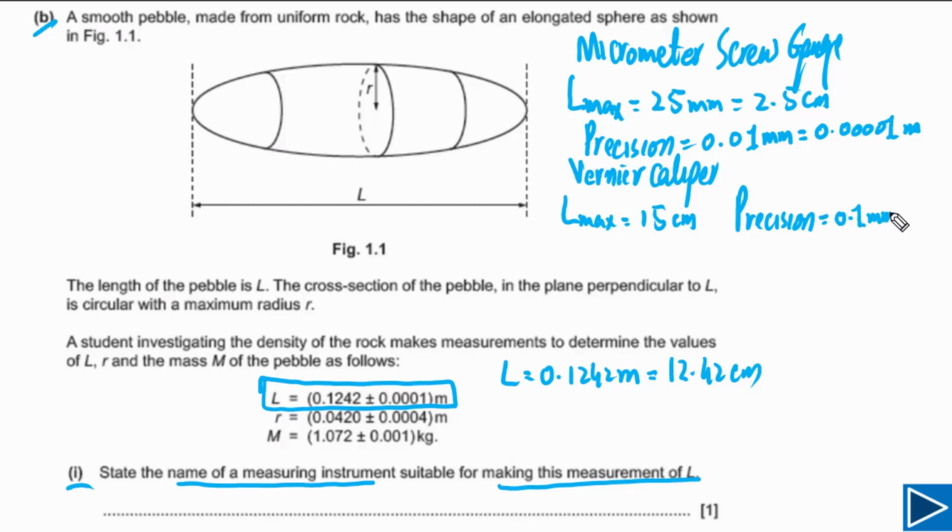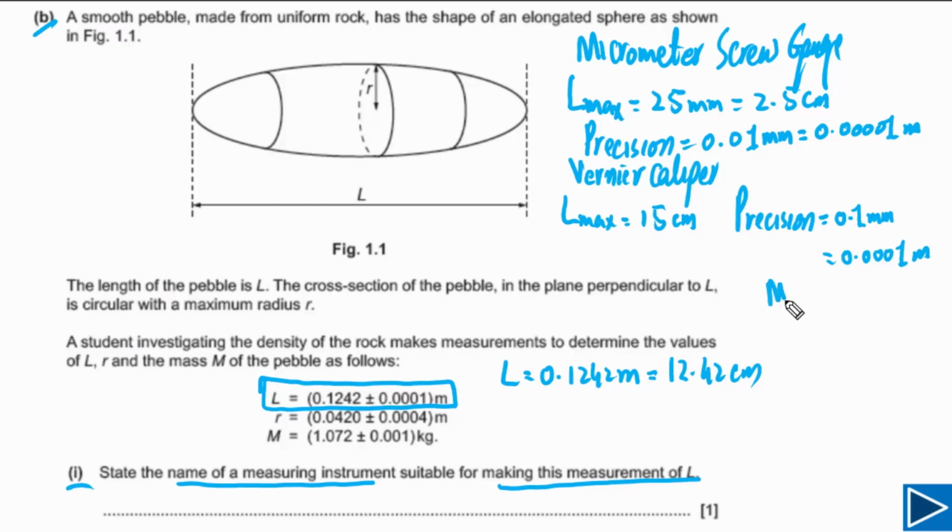We are talking about the commonly used one; even some vernier calipers have higher precision than this. If we convert this into meters, it is equal to 0.0001 meter.